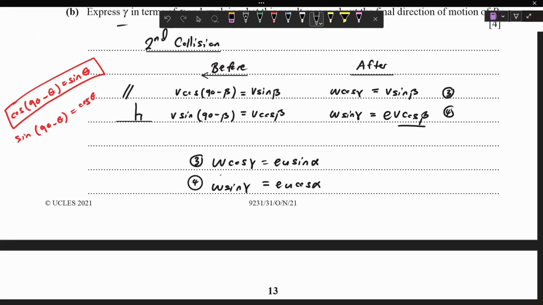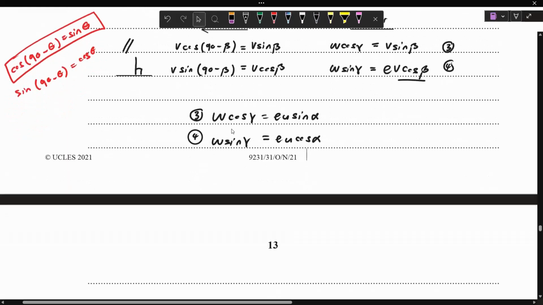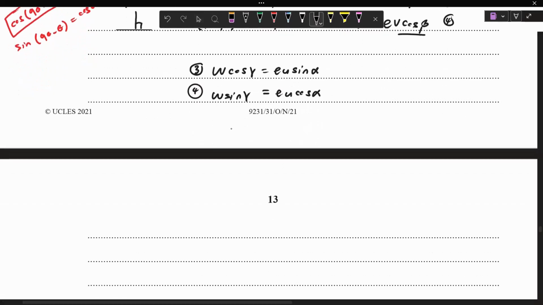So we can now divide the equations. Equation 4 divided by equation 3 gives tan gamma is equal to, cos over sine is 1 over tan, the eUs will cancel, so 1 over tan alpha. This is gamma.